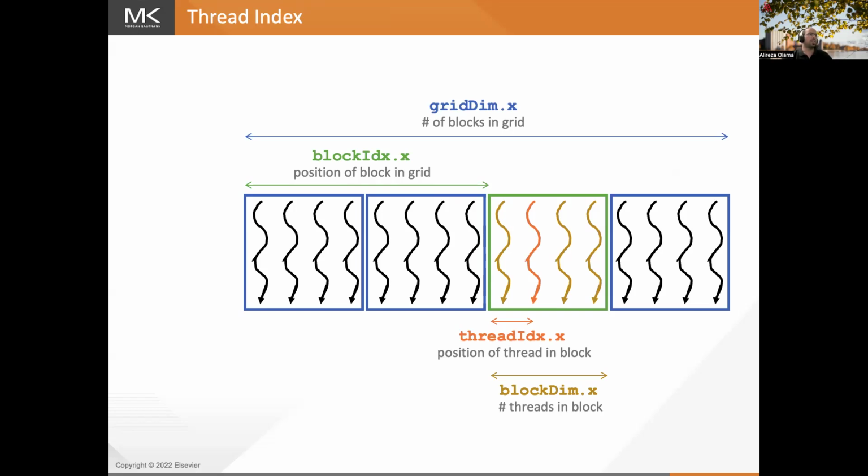So this is a one-dimensional example. In CUDA, you can have at most three dimensions for the blocks and also for the grid. So you can have a cube of thread blocks, and in each thread block, you can have a cube of threads.